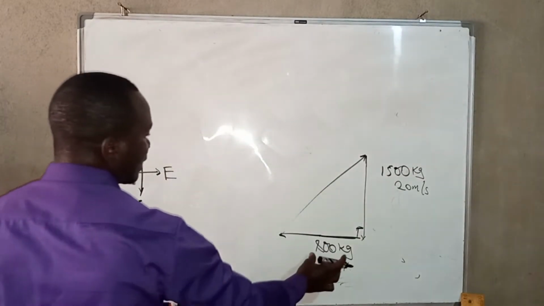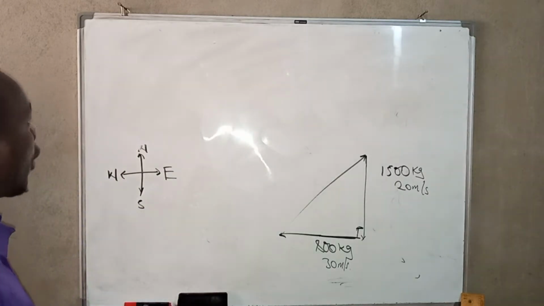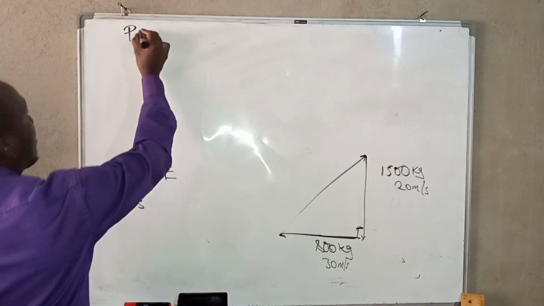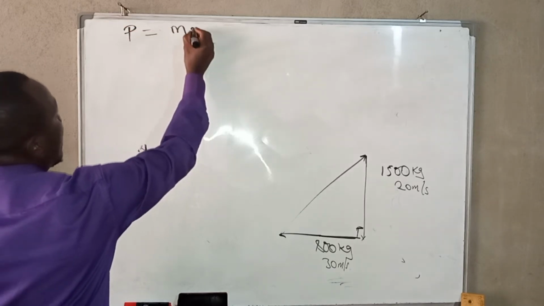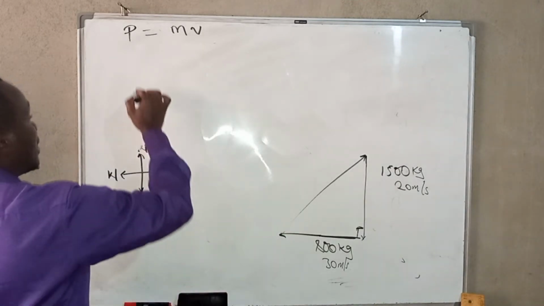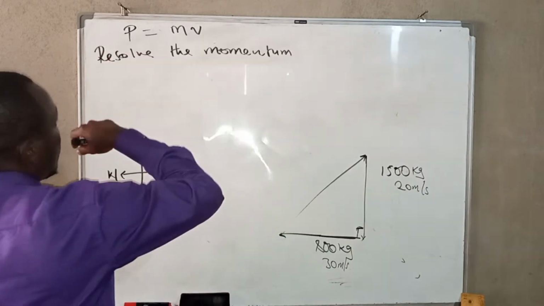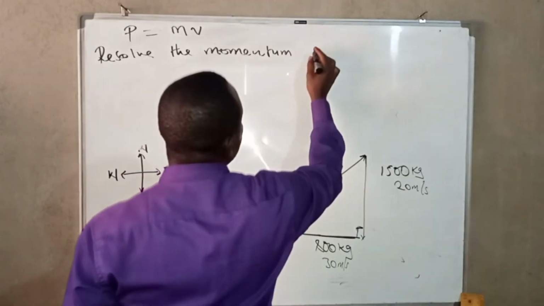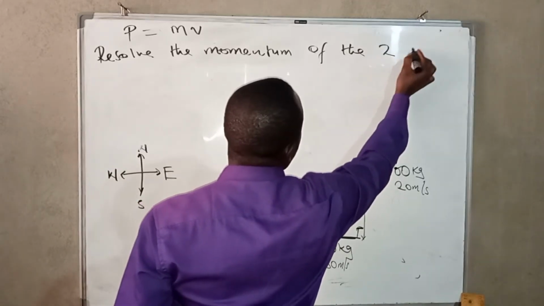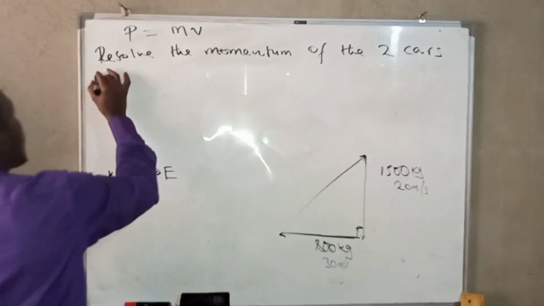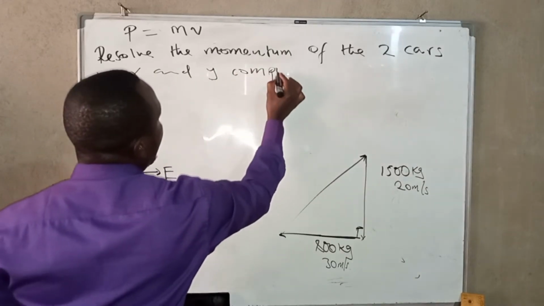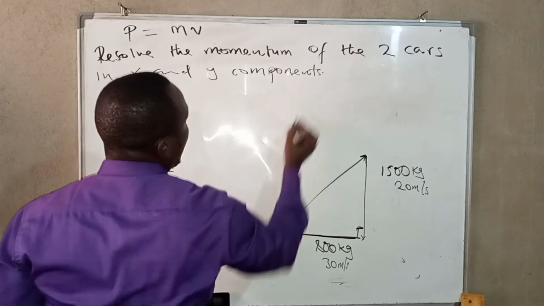We know that since this question involves collision, we have an aspect of momentum. So momentum is given by mv. Let us resolve the momentum of the two cars in x and y components.